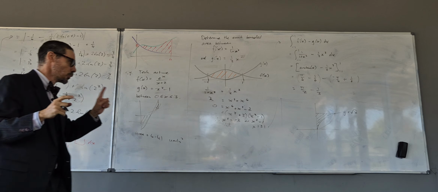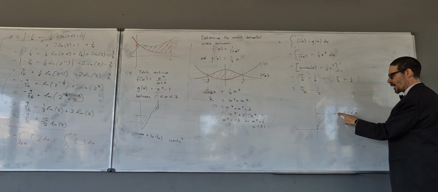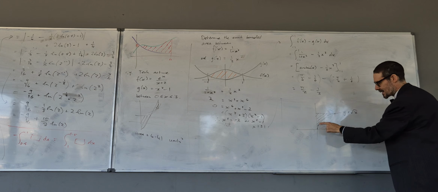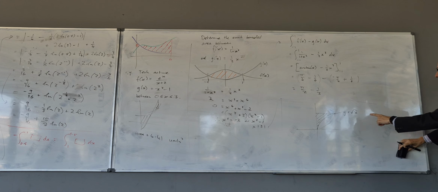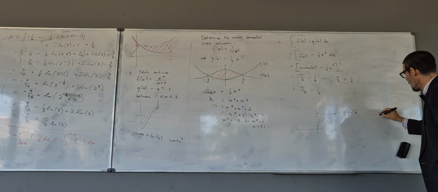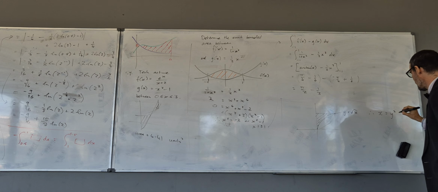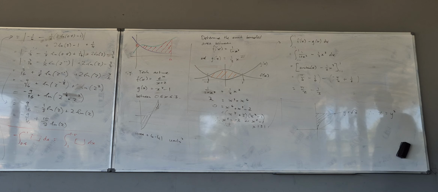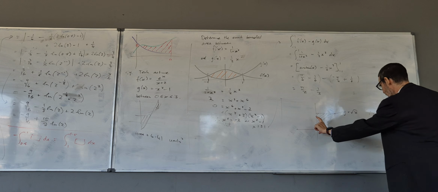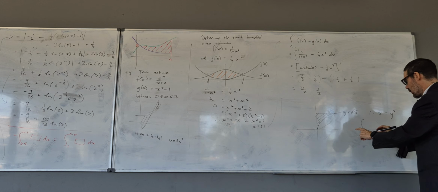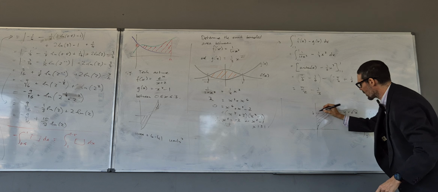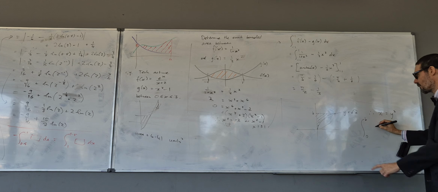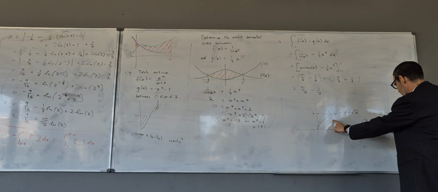I see what you're saying. Yes, you could. You could find the area between y equals this constant and this curve. There's a quicker way. Now, find me the area from 0 to whatever this number is, b, of x dy.